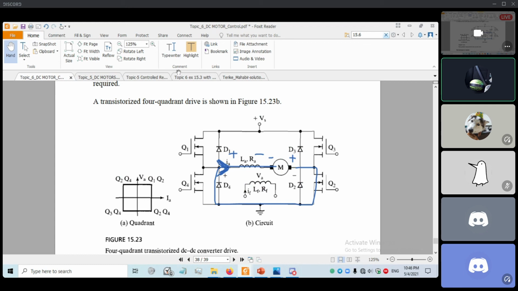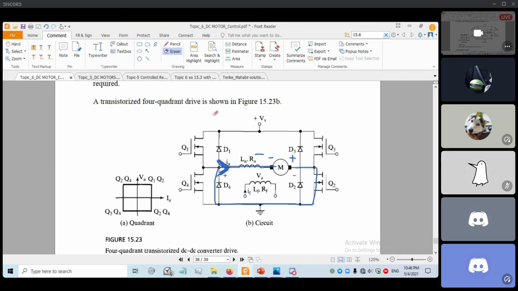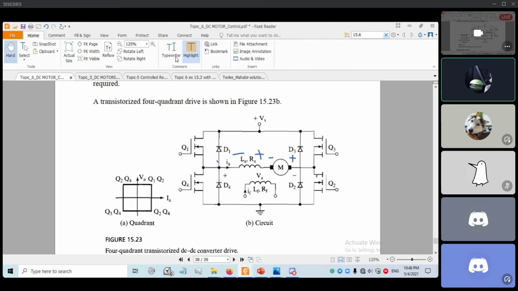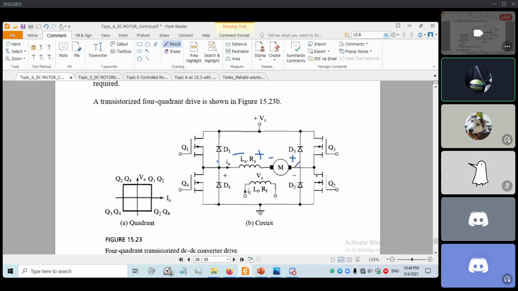Okay, and then Q2 is turned off. The inductor voltage flips to this polarity, and the sum of VL and EG is greater than VS, which forward biases D3 and D4 to send current back to the source and through the armature circuit again.